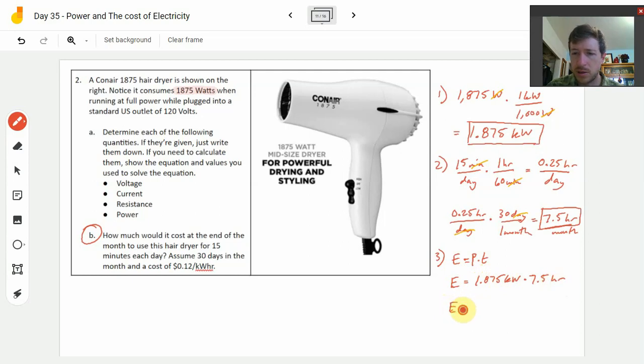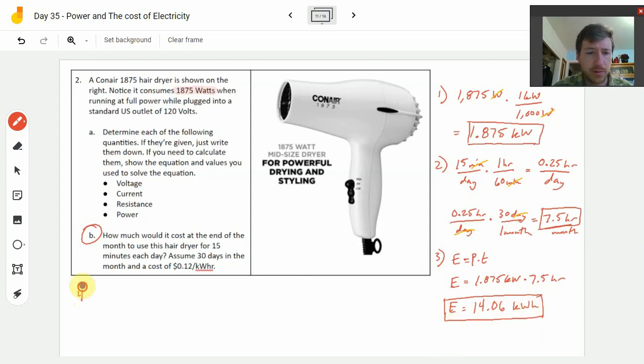So the total energy usage was, I'll say, 14.06 kilowatt hours. That's the actual amount of energy that you used, keeping in mind that it's about 3,600,000 joules per kilowatt hour. So that's a lot of energy, using that over the month.